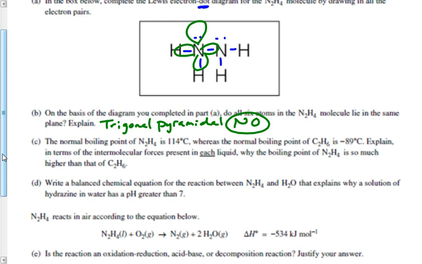Okay, so it helps sometimes to draw it. Which one has a stronger IMF then? One with a higher or lower boiling point? Higher. So this has a stronger IMF, correct? These are the little steps you got to get in your brains.